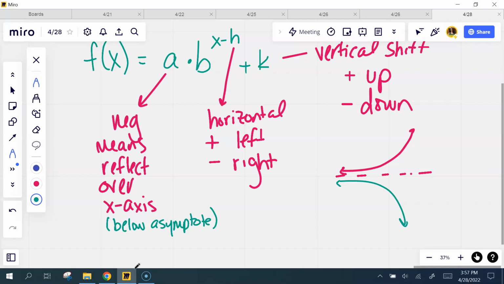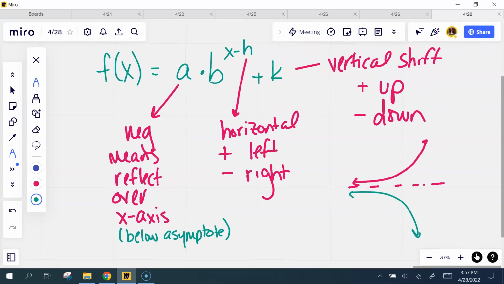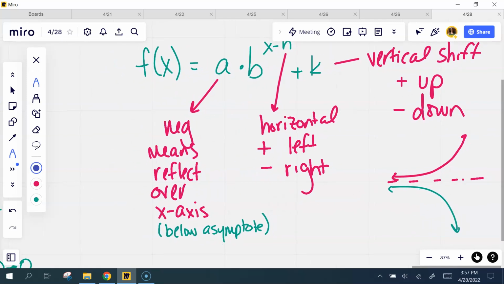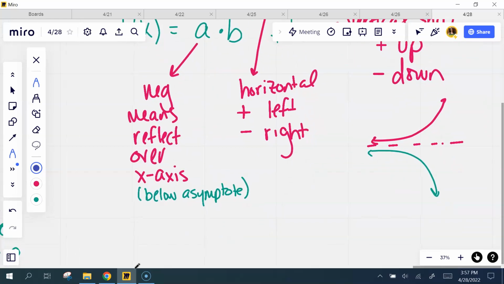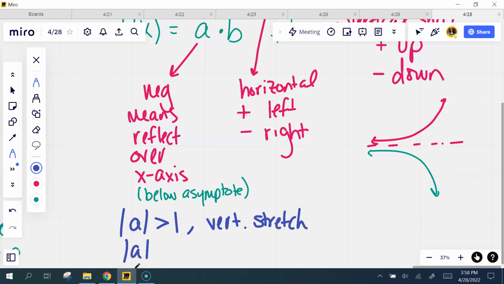And then of course a also, as a gets bigger in absolute value, because remember the negative is still dealing with my reflections, I'm talking about a vertical stretch. None of this is anything new. That's why we spent so much time in the beginning on function transformations, okay?